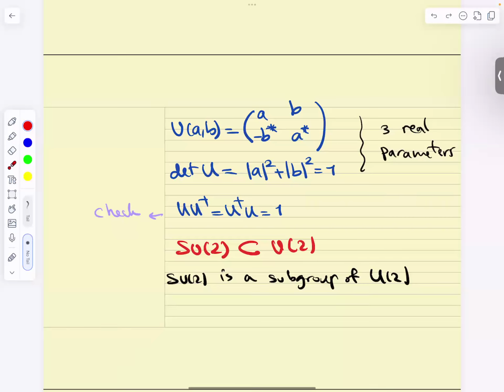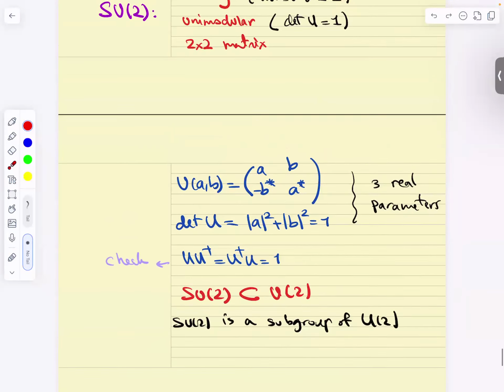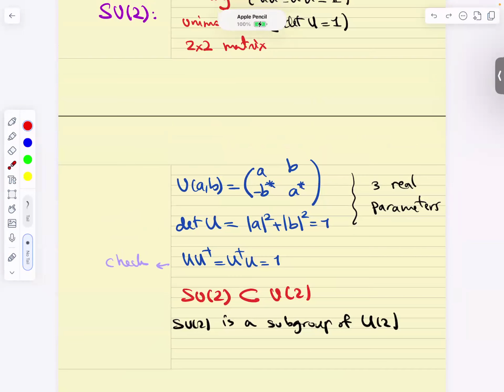The same way that we talked about Euler angles again, there were 3 real parameters in SO3. There are also 3 real parameters for SU2. Why? Well, take a 2 by 2 complex matrix. The fact that it has to be unitary tells me that if A and B are complex numbers... So you start with how many variables?